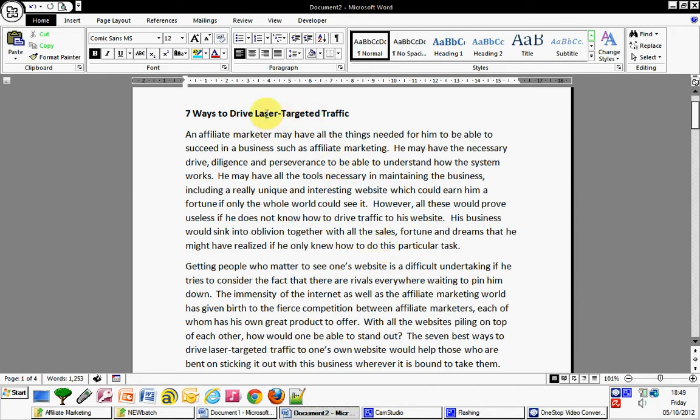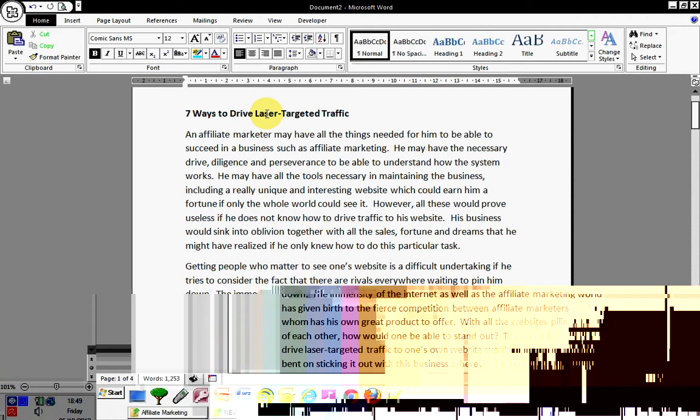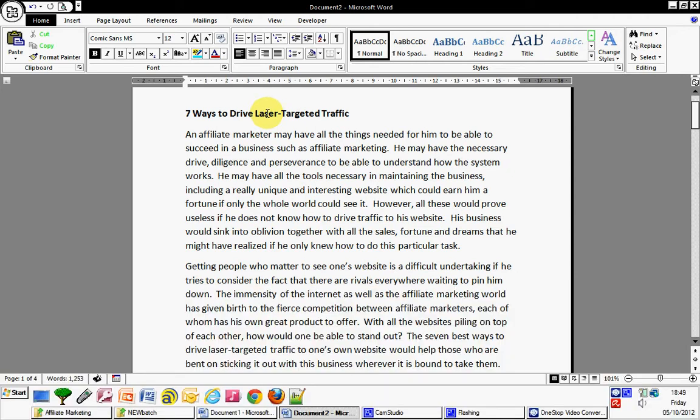I've enlarged the font a bit so we can see what's going on here. This is called 7 Ways to Drive Laser Targeted Traffic. Let's concentrate on the first 2 paragraphs, for example, as I'm receiving this PLR article. An affiliate marketer may have all the things needed for him to be able to succeed in a business such as affiliate marketing.